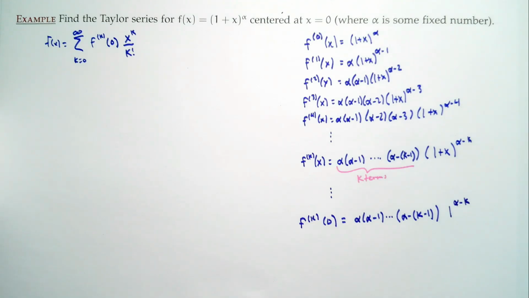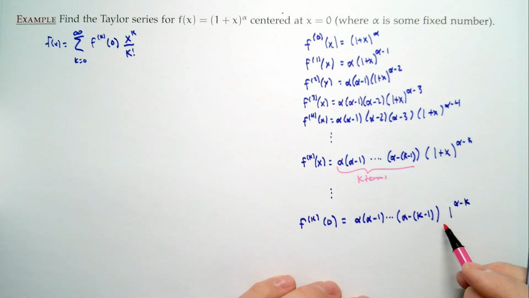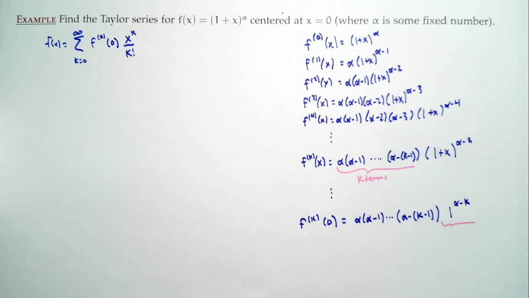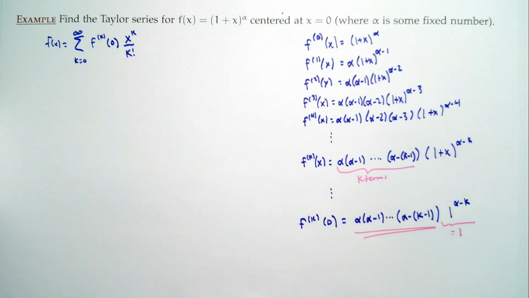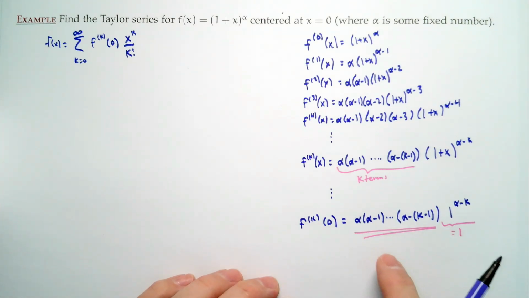But here's the cool thing about 1 to a power: assuming of course that the power is not infinity, it's just 1. And therefore, that is our kth derivative evaluated at 0. And we're going to make the convention that f0 of 0, where I have 0 terms, is going to be 1.